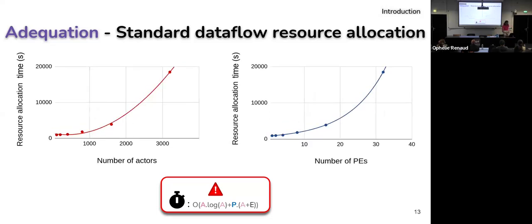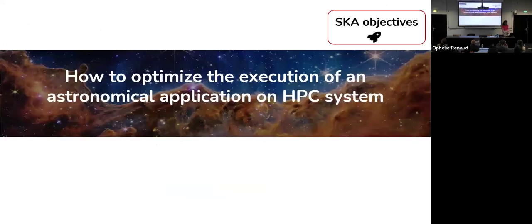As illustrated here, the axes represent the resource allocation time according to the number of actors of the application in red, and according to the number of processing elements of the architecture in blue. For both, the exponential trend is clearly visible. So this problem is obviously not compatible with the SCA objective.